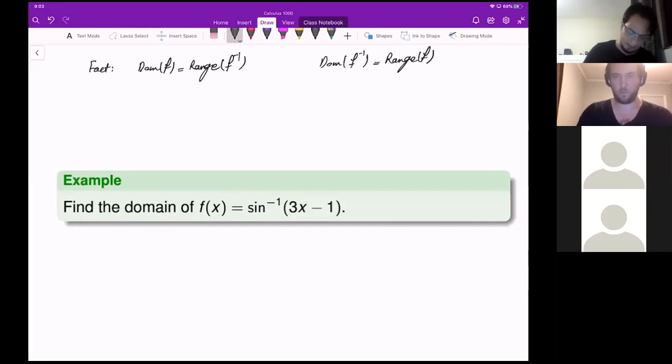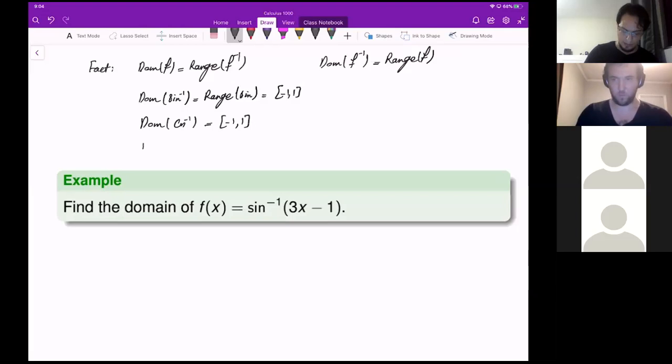And this gives me that the domain of, for example, sine inverse is the range of sine. But the range of sine, I know that it is between -1 and 1. The same goes with the domain of cosine inverse, which is again between -1 and 1. The domain of tan inverse and the domain of cotan inverse are the whole real line.